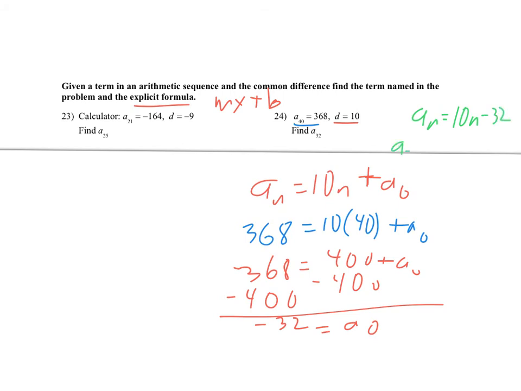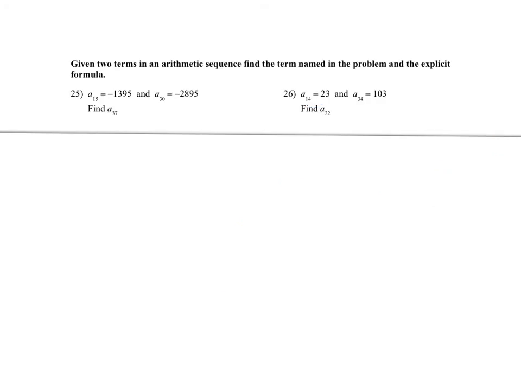And so then if you plug in 32, that'll be 320 minus 32. So that will be 288.